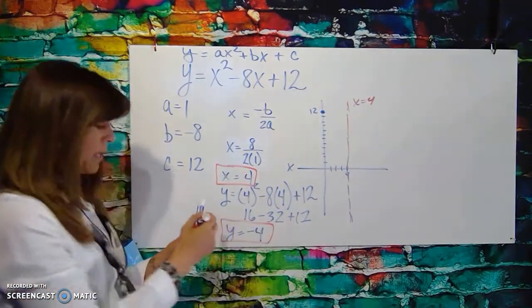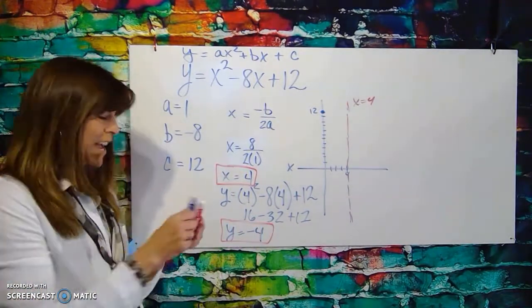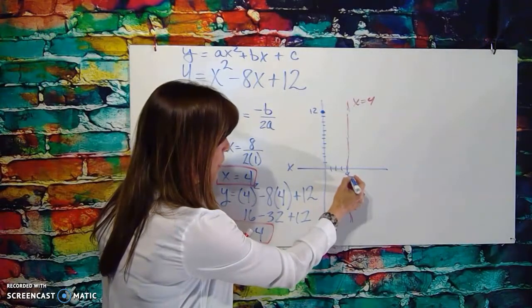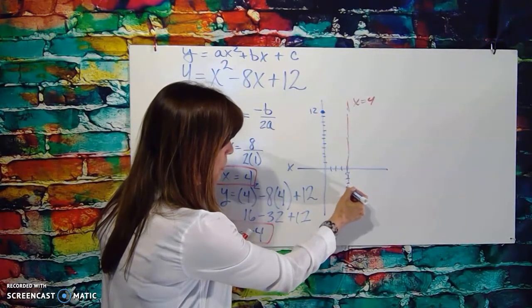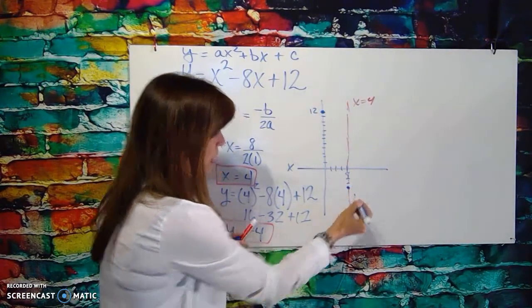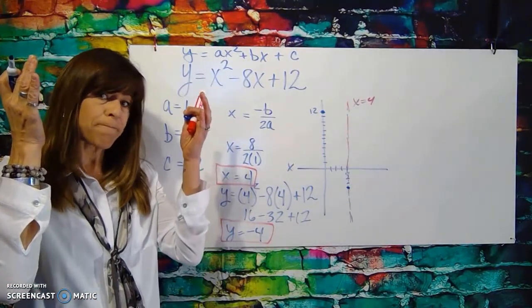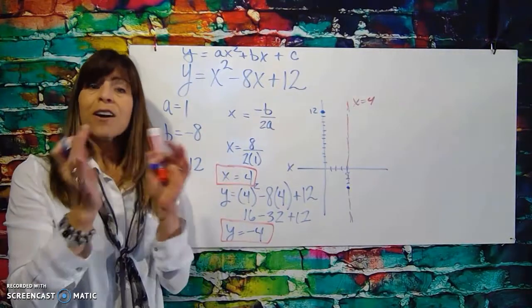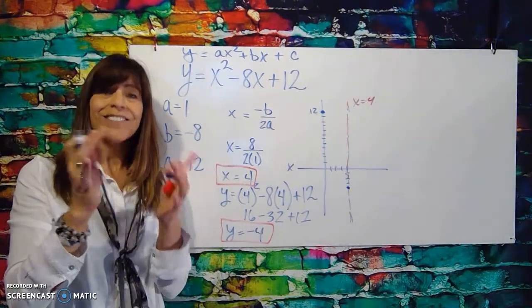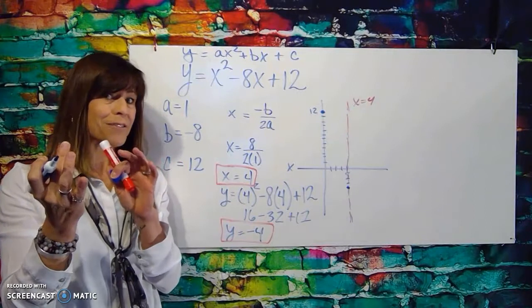So I'm going to go ahead and graph that. So here's 4, negative 4. 1, 2, 3, 4. And we knew that our parabola is opening up because our a value is 1. We also know that our parabola has symmetry over that axis of symmetry.